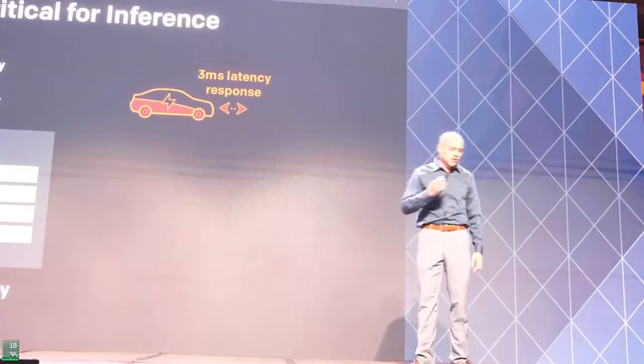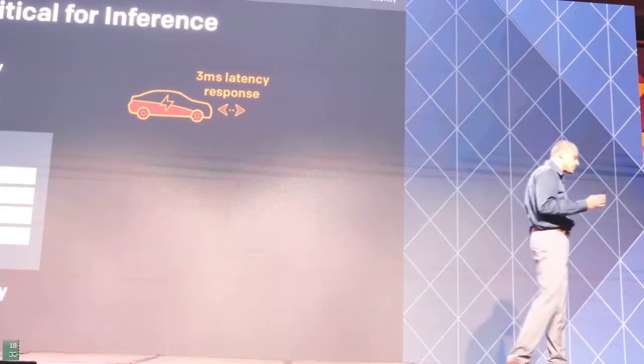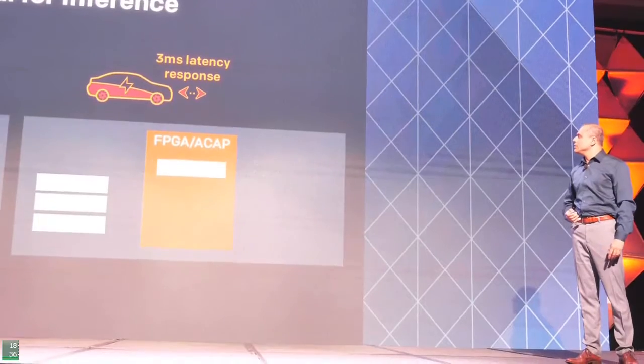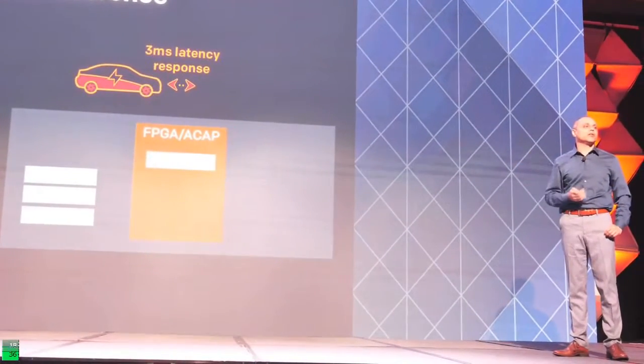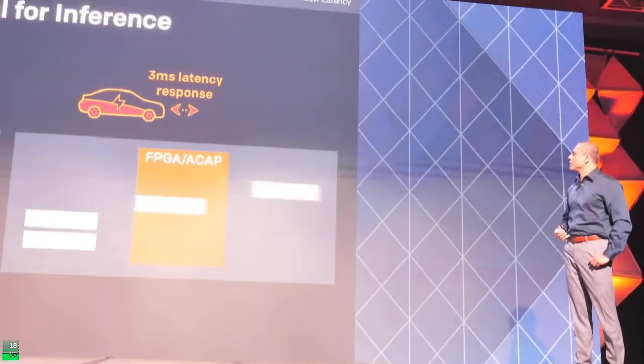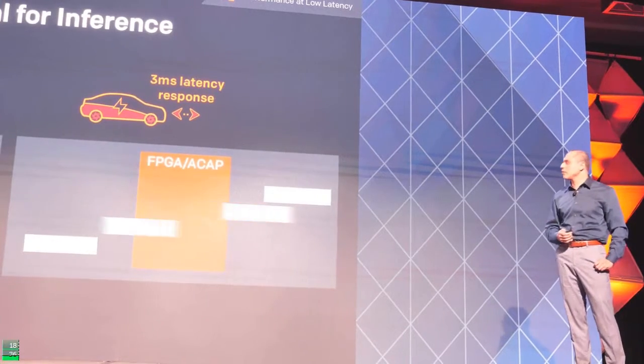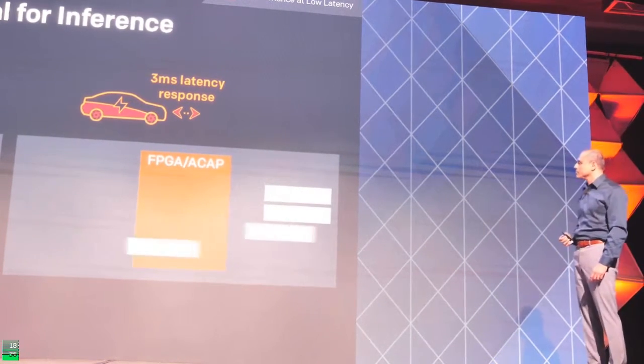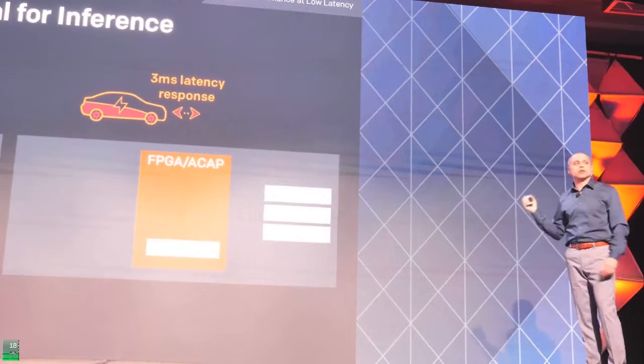Well, let's look at how FPGAs handle throughput. With FPGAs, you can actually pipeline the input, get the results out. Pipeline it, get the results out. You don't have to wait for all the inputs to be loaded together. So you get low latency.